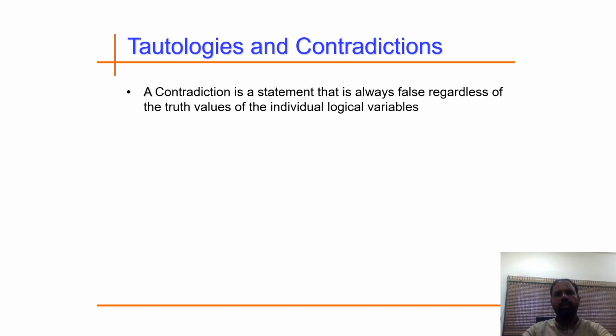A contradiction is a statement that is always false, regardless of the truth values of the individual logical variables. Whatever the value, true or false, it always becomes false.